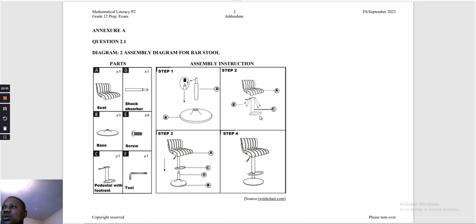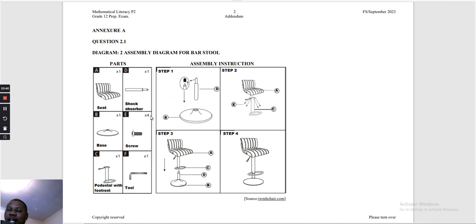Step number 2, they show us number C, which is the pedestal with the footrest. Number E, then now you use the tool. That was number F. It's number E, the screws.